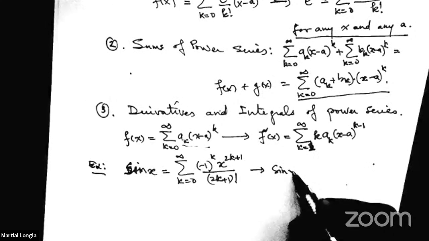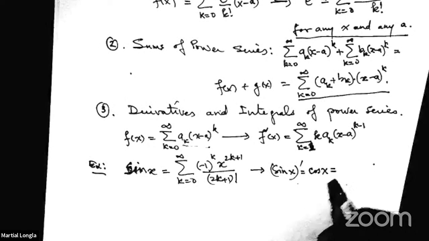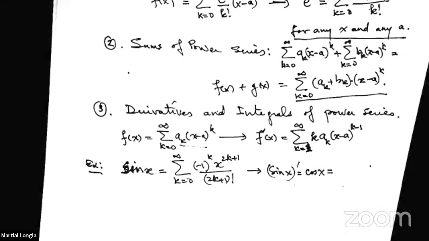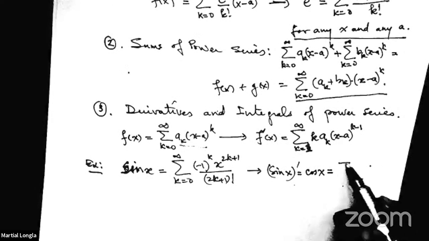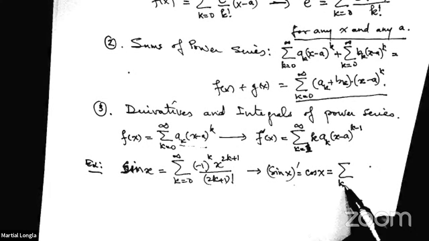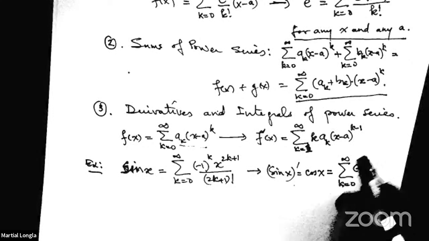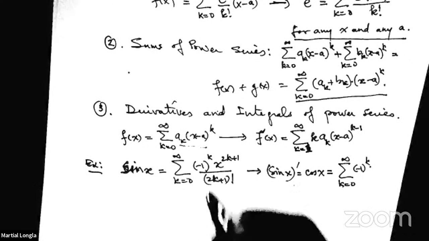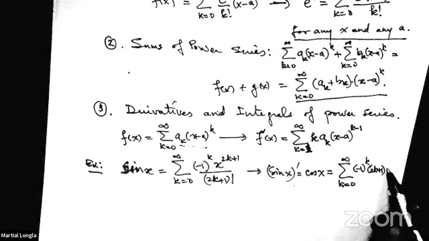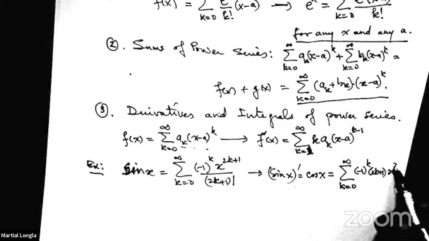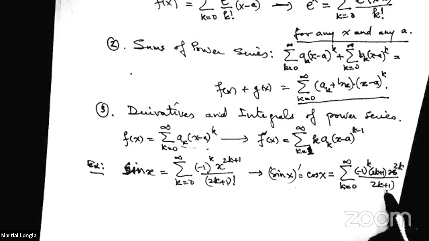the derivative of sine x, which is cosine x, I don't need to go and look for the Taylor expansion of cosine x. I just say it's sum, k from 0 to infinity, -1 to the k, and then the derivative of x to the power 2k plus 1, that is 2k plus 1 x to the power 2k divided by 2k plus 1 factorial.